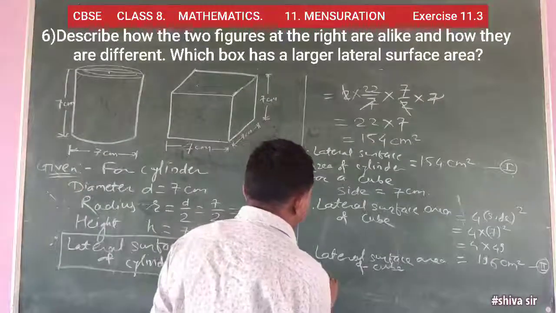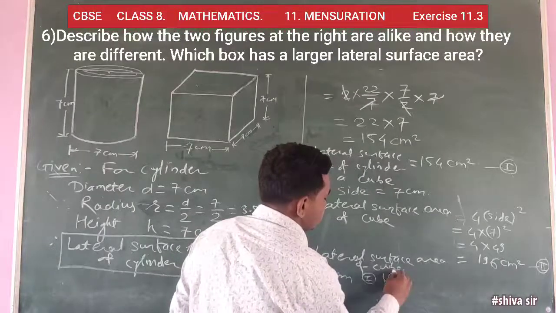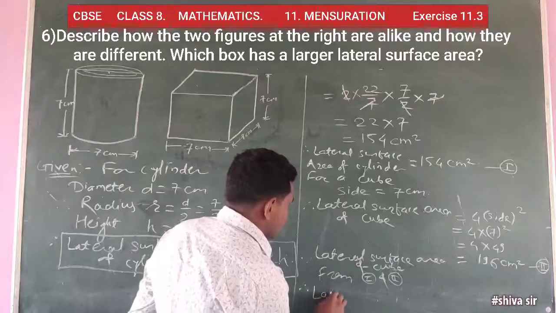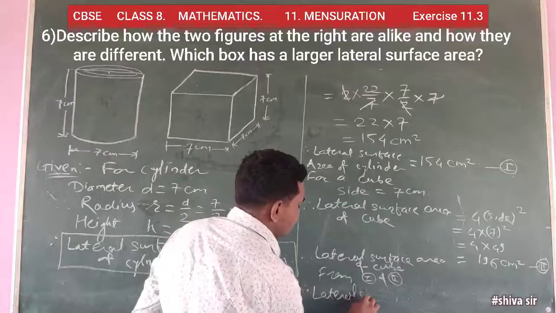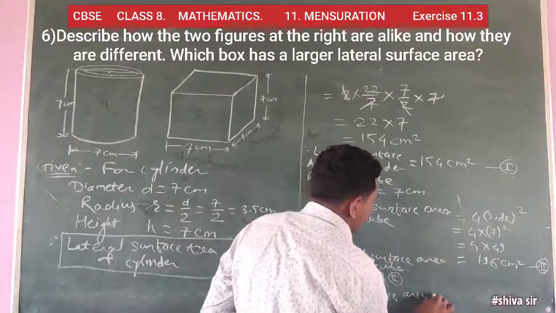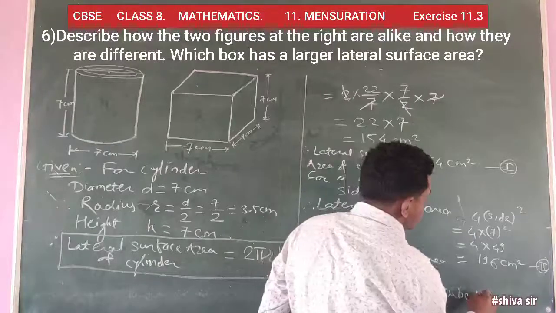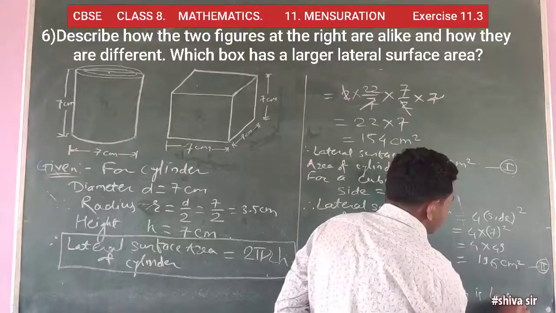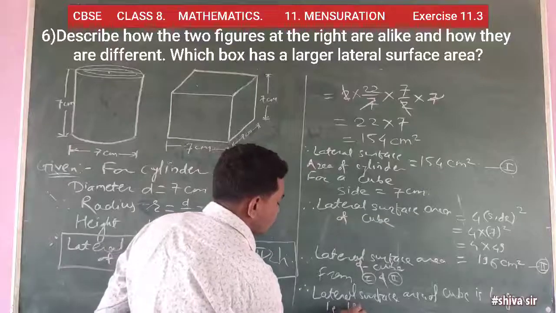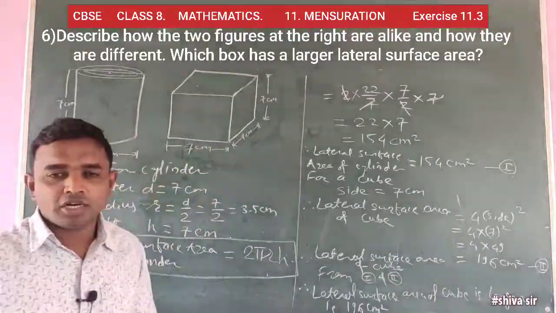From equations 1 and 2, we easily see that the lateral surface area of the cube is larger, that is 196 centimeter square. It is the final answer.